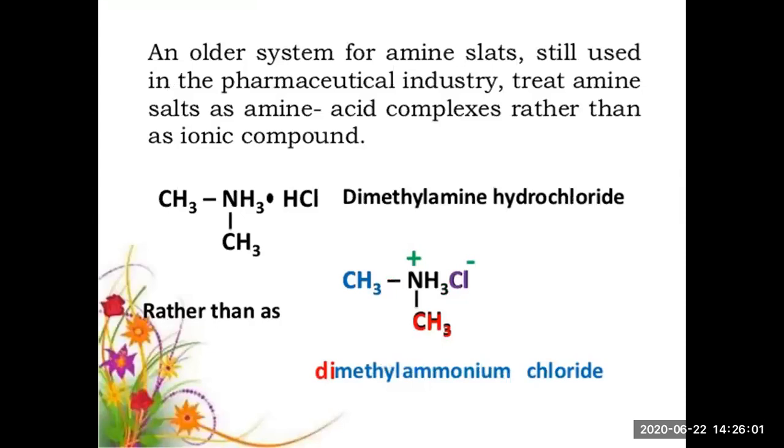Next, an older system for naming amine salts is still used in the pharmaceutical industry. It treats amine salts as amine-acid complexes rather than as ionic compounds, for example dimethylamine hydrochloride rather than dimethylammonium chloride.